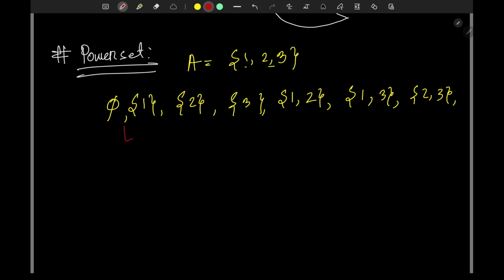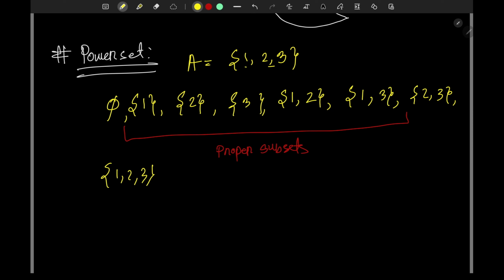So these guys are proper subsets. However, as the last piece, when you write 1, 2, 3, this guy is not a proper subset. However, we just want subsets. We don't put much emphasis on proper or improper right now.